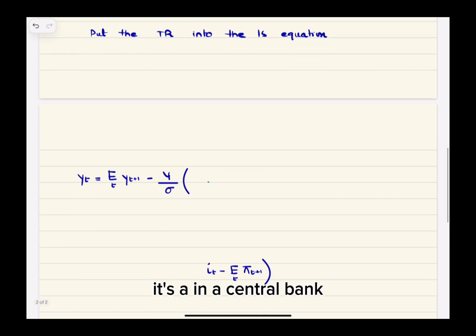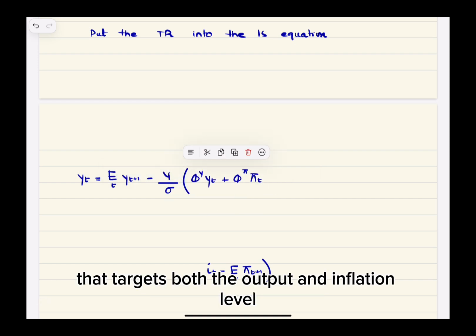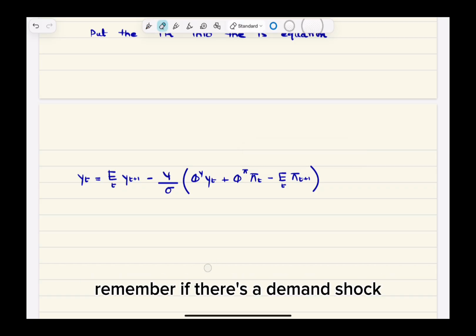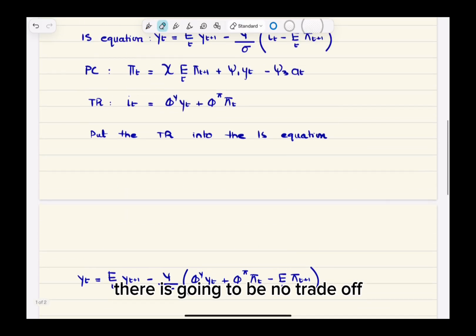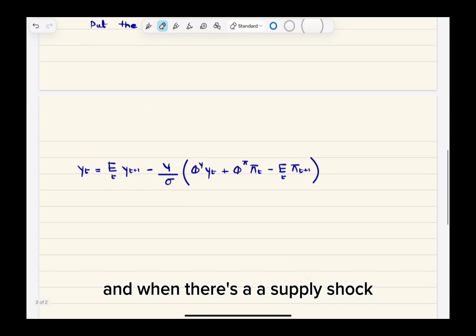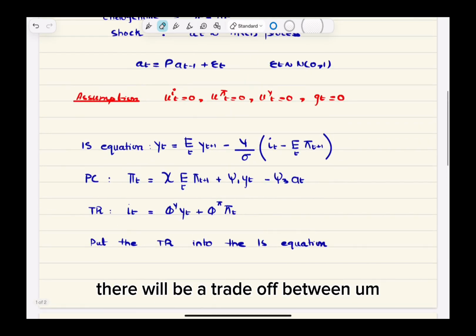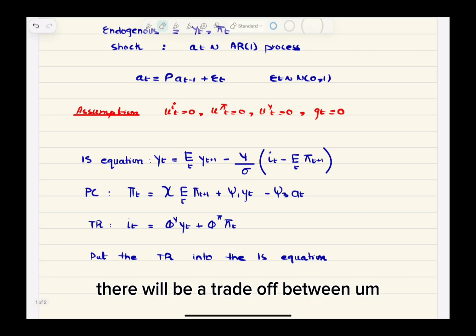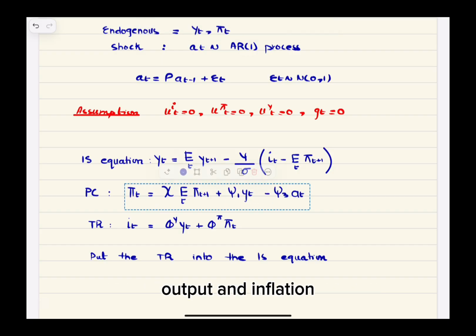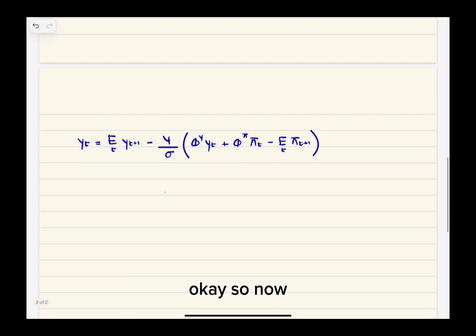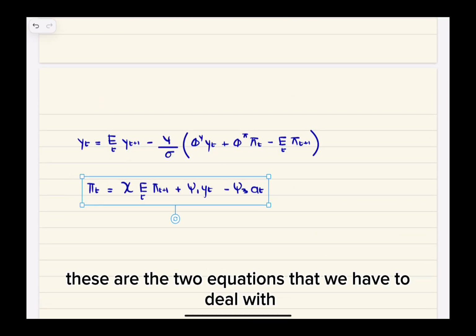It's a central bank that targets both the output and inflation level. Remember, if there's a demand shock, there's going to be no trade-off between output and inflation. And when there's a supply shock, there will be a trade-off between output and inflation because of this Taylor rule. Okay, so now these are the two equations that we have to deal with.